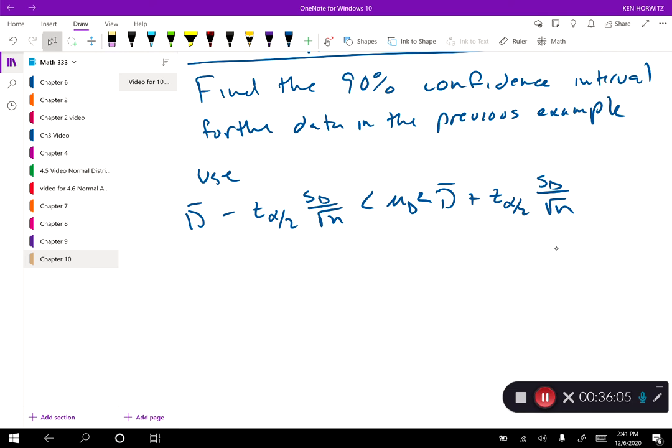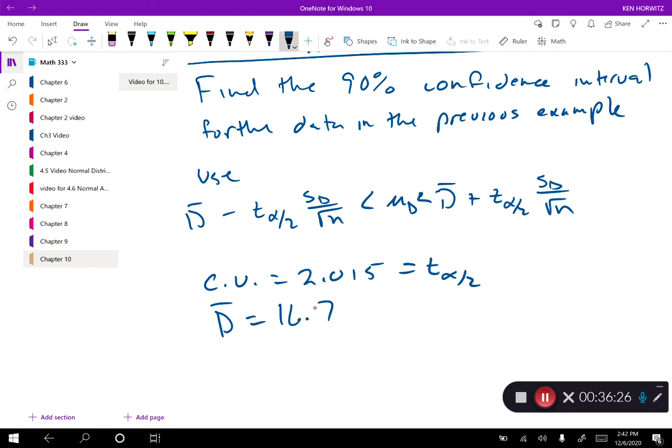All right, so our critical value, we already got a critical value right from the last example, that was 2.015, which is going to, in this case, equal t alpha divided by 2. We already know what d bar is. That is 16.7.